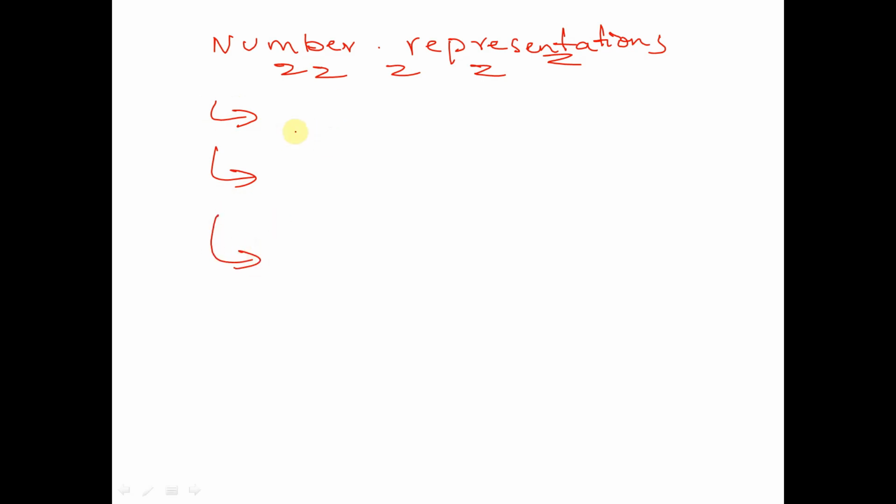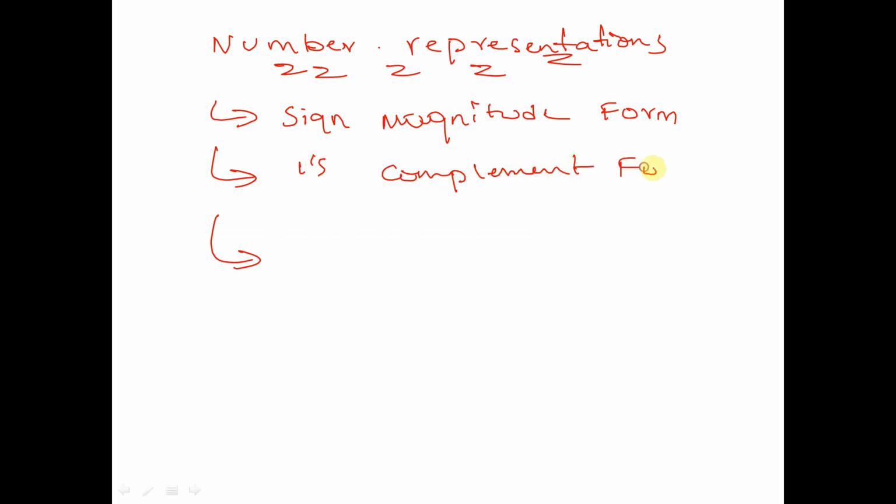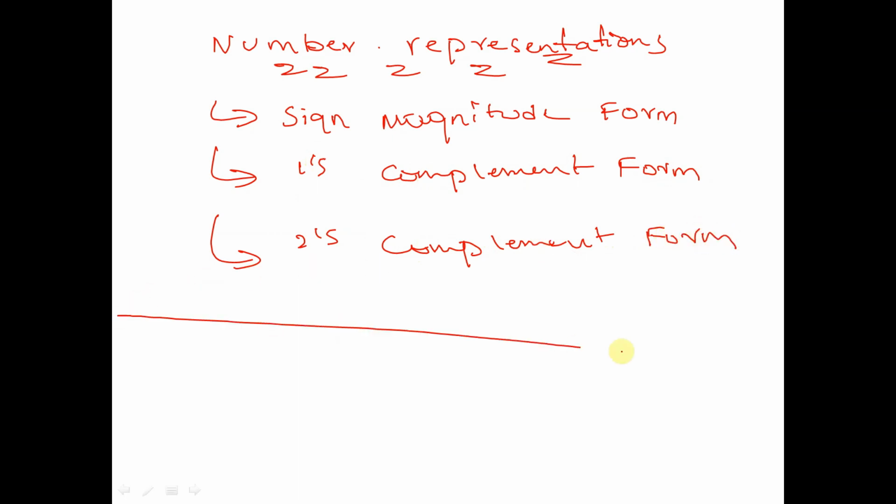The first way is to represent it using sign magnitude form. The other is ones complement form, followed by two's complement form. We will discuss one by one.